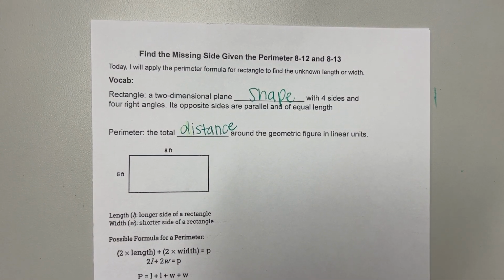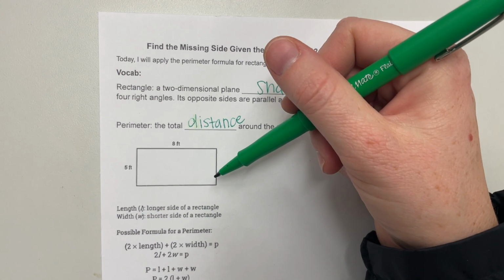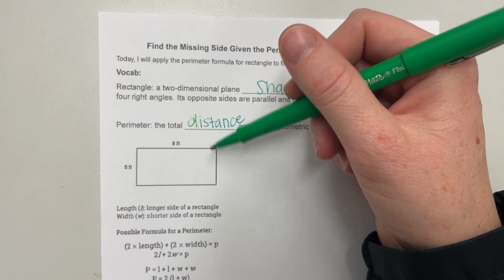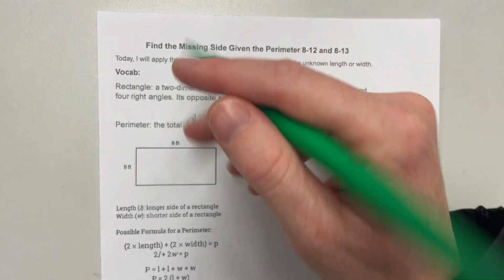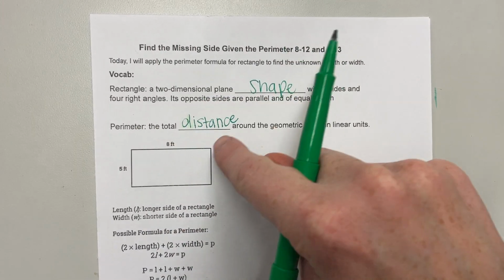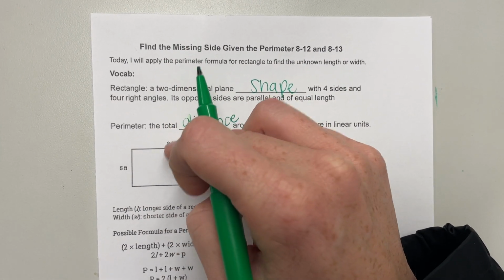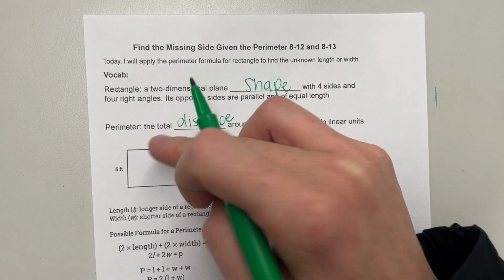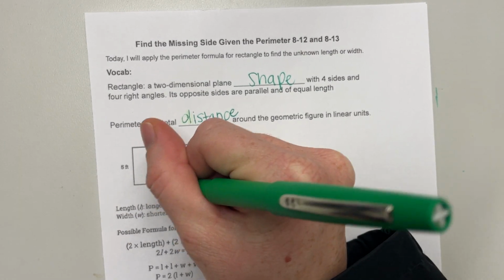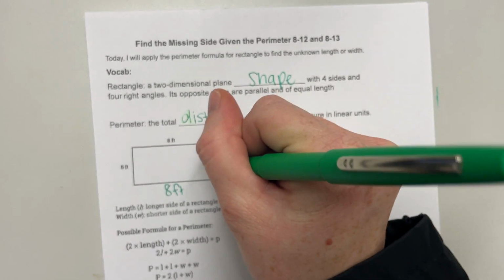And then we have our example of a rectangle. We see that the opposite sides are parallel. We see that there are 4 right angles. If these two have the same size, this would be 8 feet and this would be 5 feet.